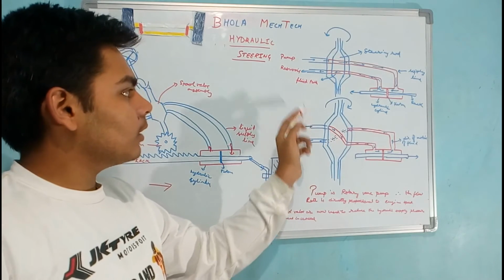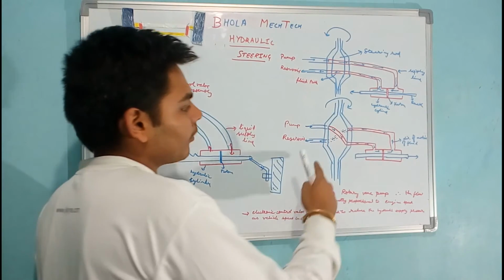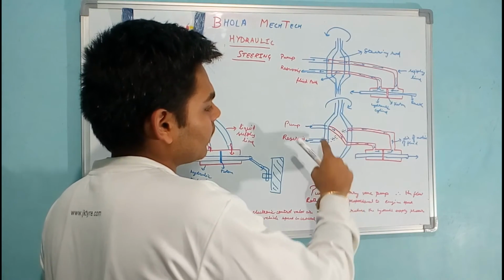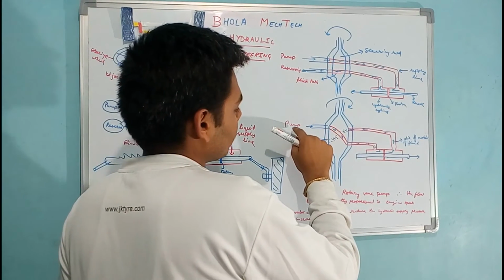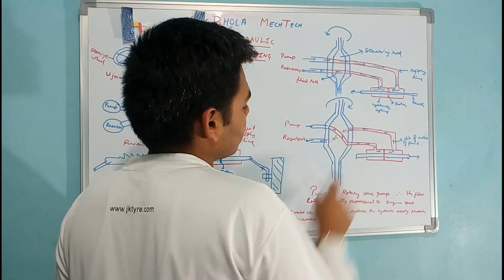Now when the steering is rotated in the opposite direction, the valves of this steering rod are arranged such that it gives the path to the pump, such that the pump will supply fluid from this point to this point.